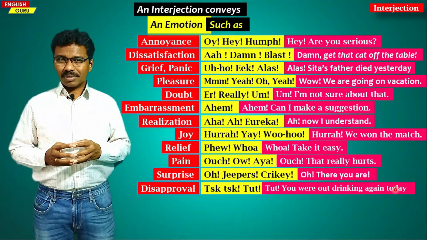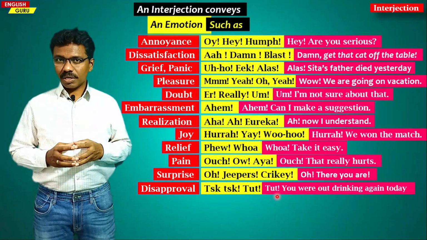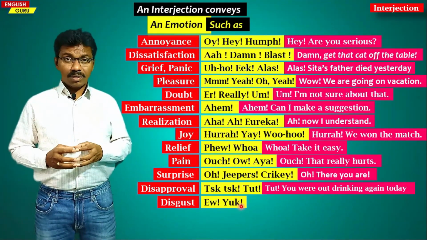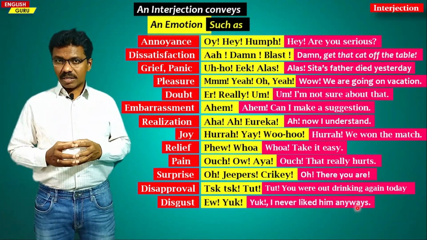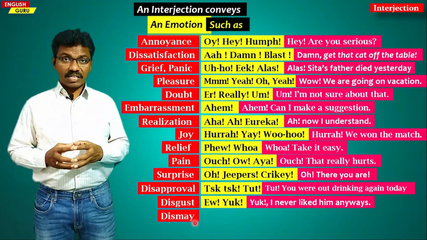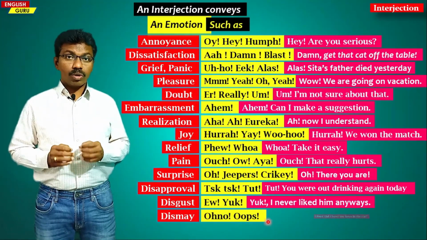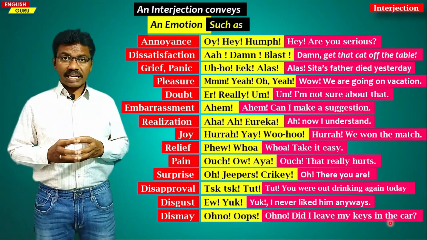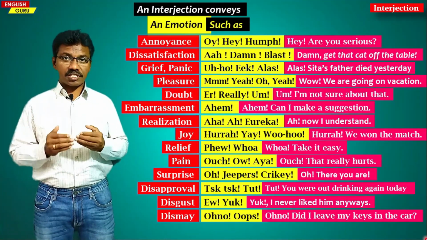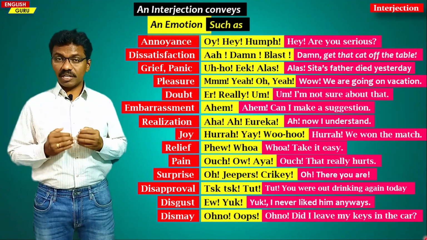These sounds. "Tut, you are out drinking again today." Tut is an interjection. The next one is disgust. "Ack, I never liked him anyway." So ack is an interjection. The next one is dismay. Oh no, oops. "Oh no, did I leave my keys in the car?" So oh no is an interjection which conveys dismay.